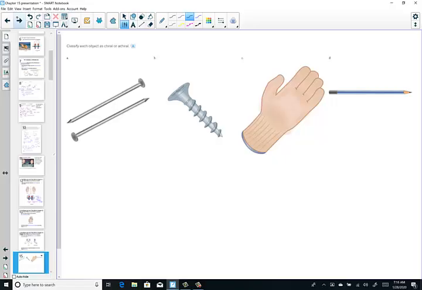The first one is a set of nails. Clearly there's nothing on this nail that would not allow me to overlay one object onto the other. Since there's nothing unique about that object in terms of attachment, it is an achiral object. They are superimposable mirror images. They lay on top of each other exactly the same way.